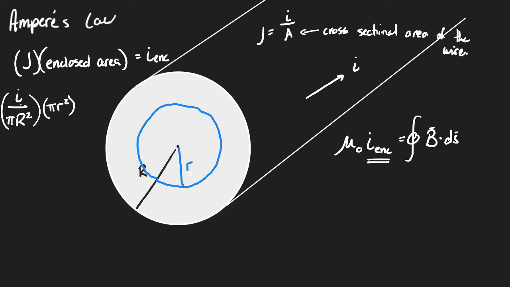And this produces a current that's based on a ratio. The pi cancels out, and we get this ratio of little r squared to big R squared. And all of this is our enclosed current.